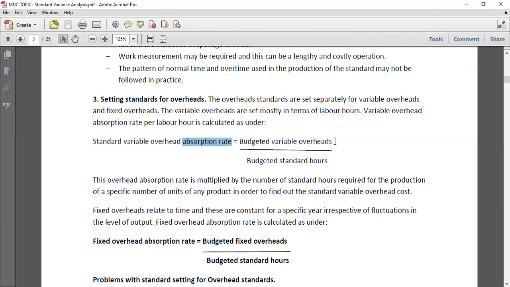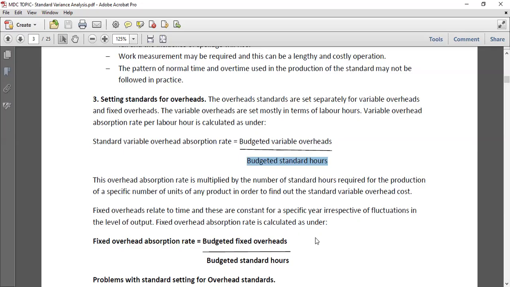Ours is to determine the budgeted variable overheads divided by the budgeted standard hours. As you can see, in most cases the budgeted standard hours for variable overheads are the labor hours, because these are variable costs. So that is also for you to note.